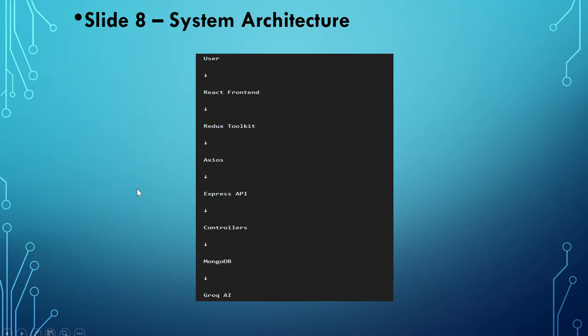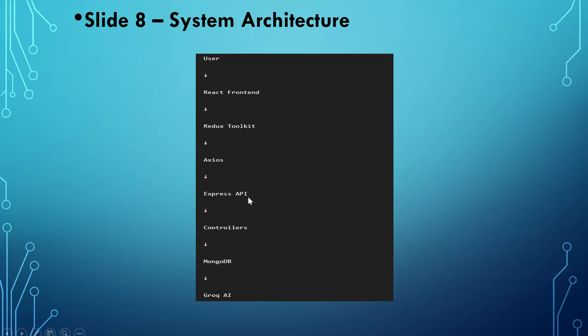Moving toward next, now we see the system architecture. This diagram presents the architecture of the application. When the user performs any action, React sends an API request through Axios, and then the backend receives the request using Express.